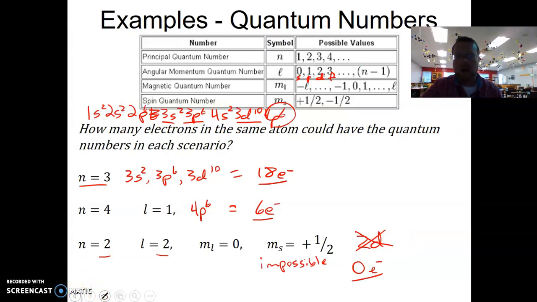All right, so in summary, as you get more quantum numbers, the number of electrons narrows down. If you have all 4 quantum numbers, you can have a single electron.